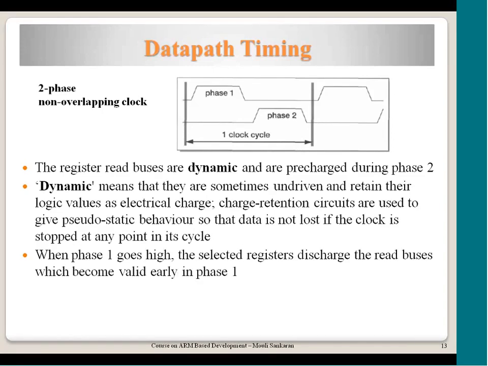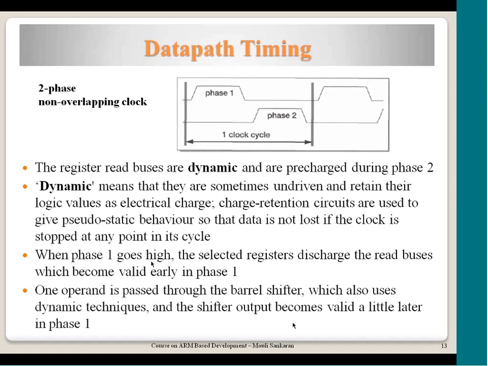So basically this is provided to enable access of data, and the preparation for the data can be done one cycle ahead. At the end of phase 2, whichever buses are required to feed the data for the next phase are ready with the contents.